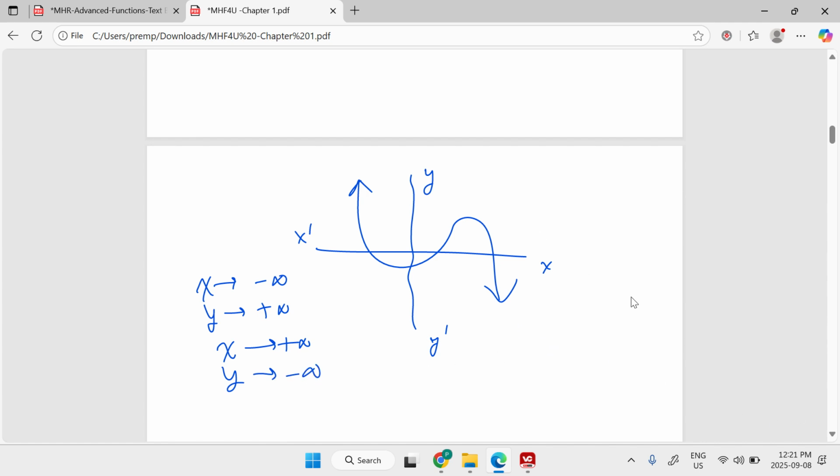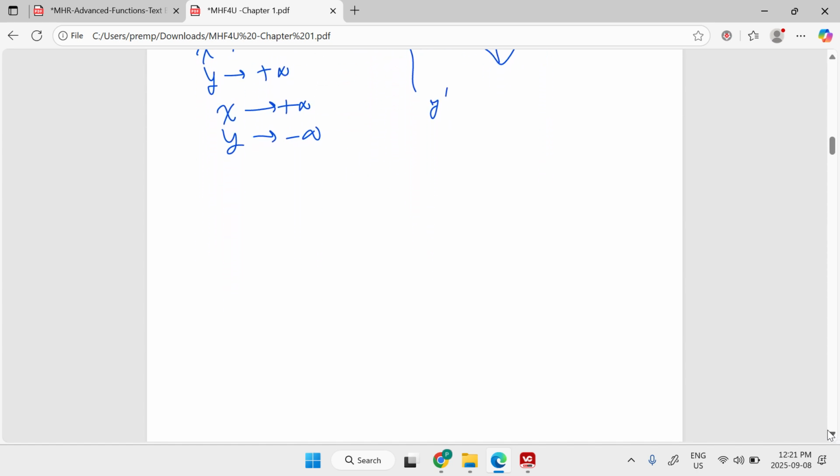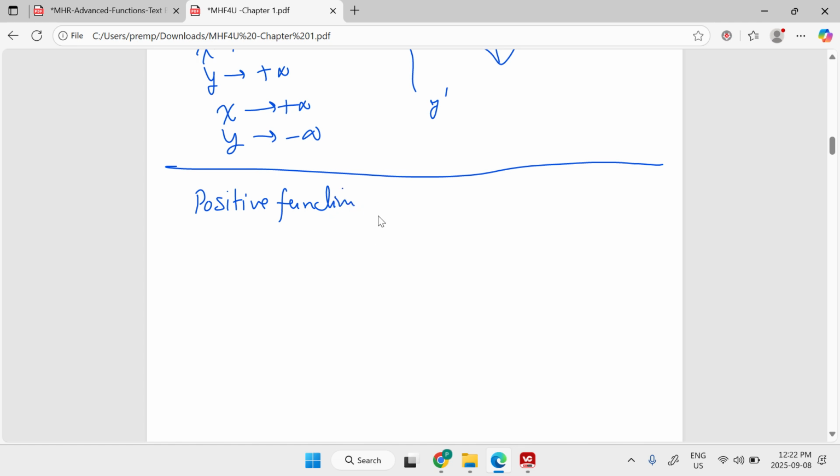Okay, and with respect to these graphs only, we can also talk about something more. Let us look into those terms. So number one is the positive function. Positive function means what? f(x), we call it positive when the f(x) value is greater than 0.